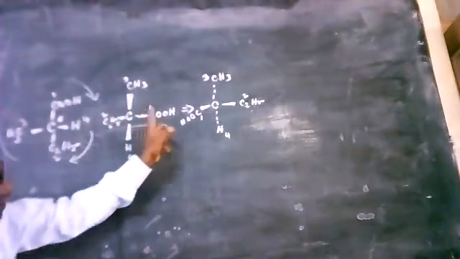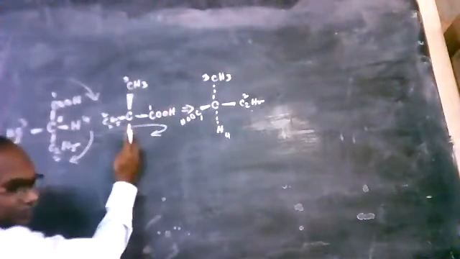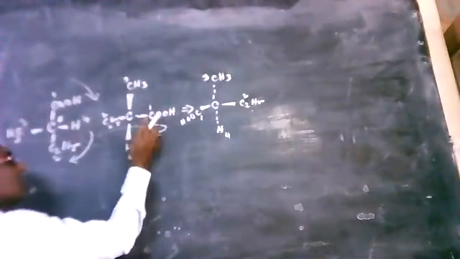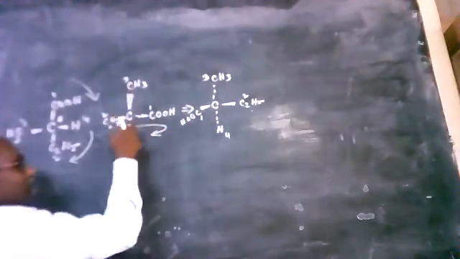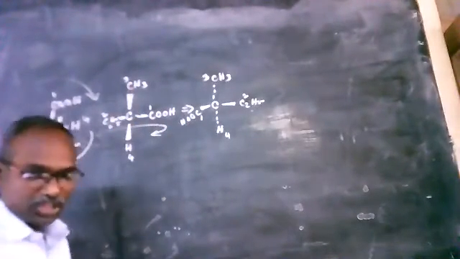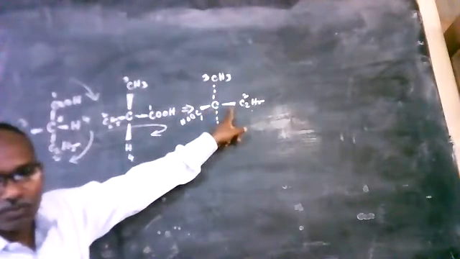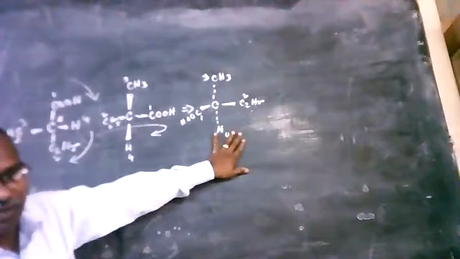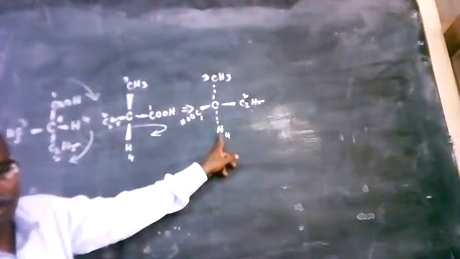In order to convert this into a Fischer projection, I have to make a horizontal rotation like this. This is the rotation in the plane, so that this group will come here and this group will go there, but all the vertical groups remain in their own position. So what will happen? The horizontal arms are now projecting towards the viewer. This is the perfect Fischer projection without disturbing the molecular bonds, and the fourth preference is brought down.